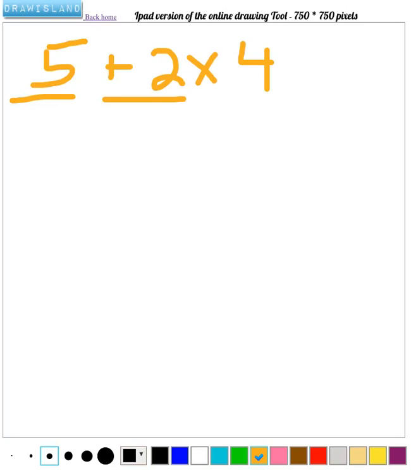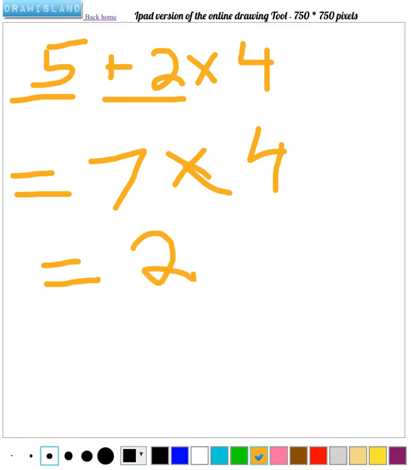That would equal 7. So 7 times 4, and then that would become 28. Though we could get another answer. Our first answer was 28. Let's write that down so we can remember.